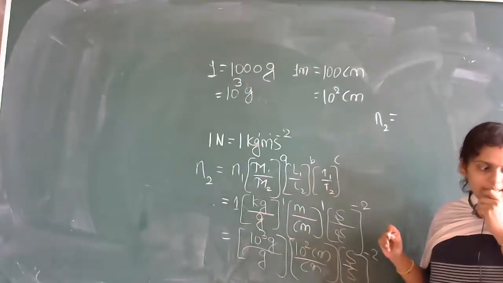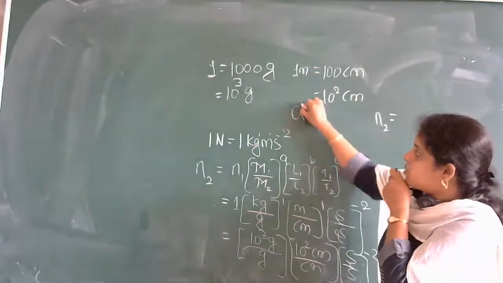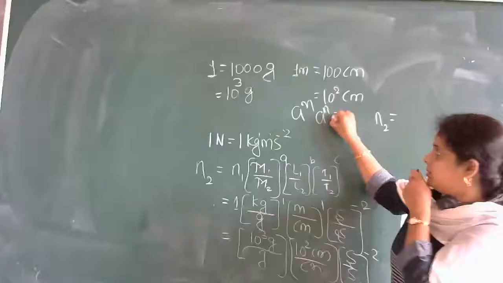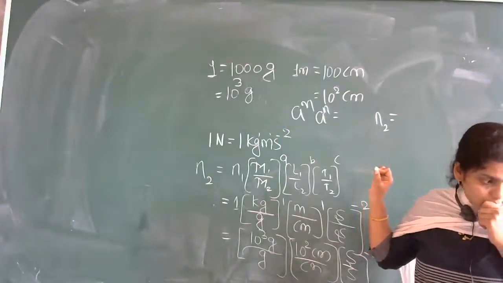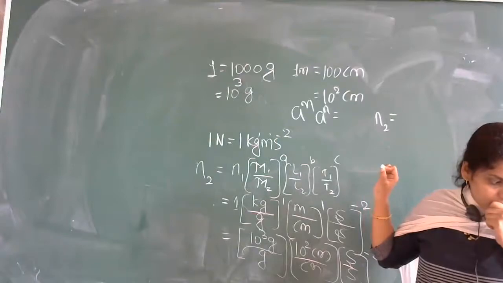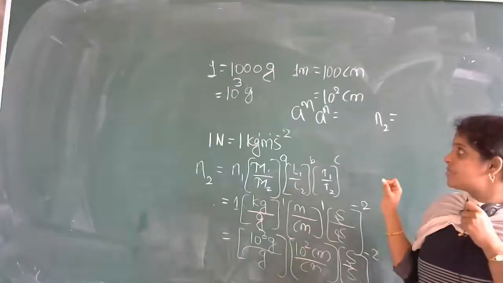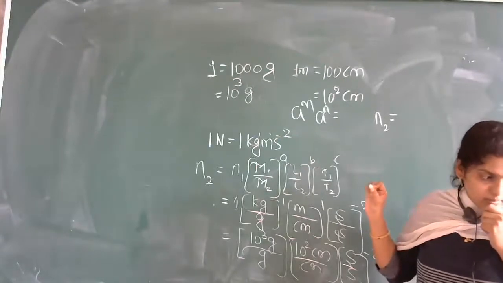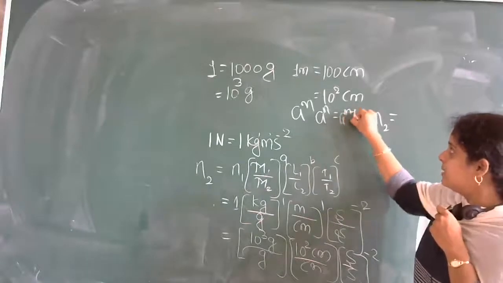Law of indices: what is a raised to m into a raised to n? It is a raised to m plus n.